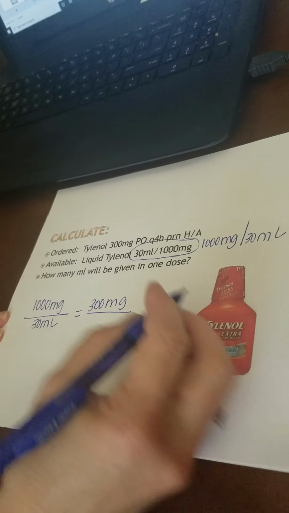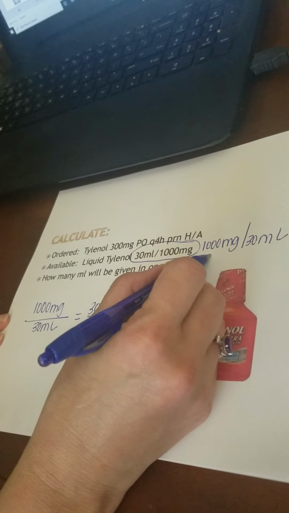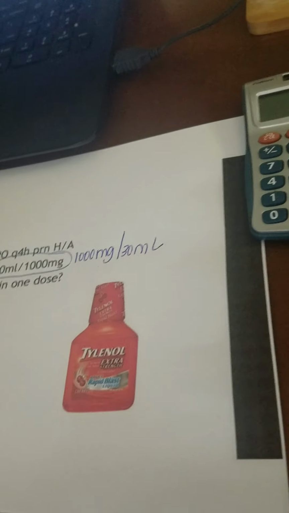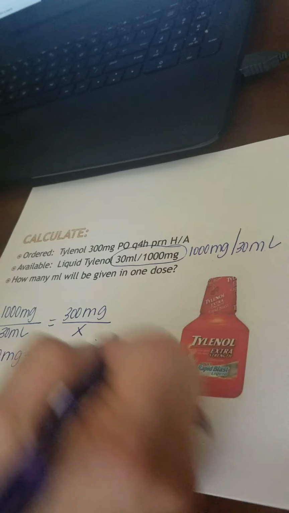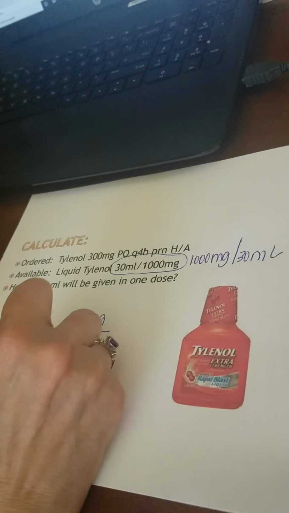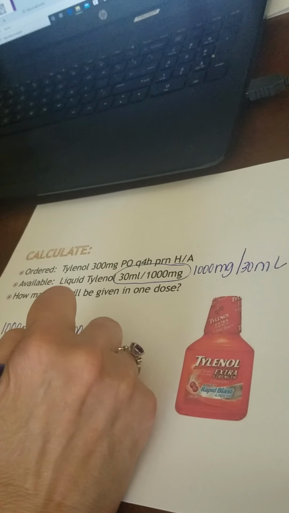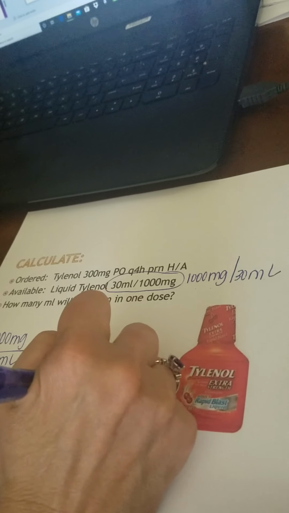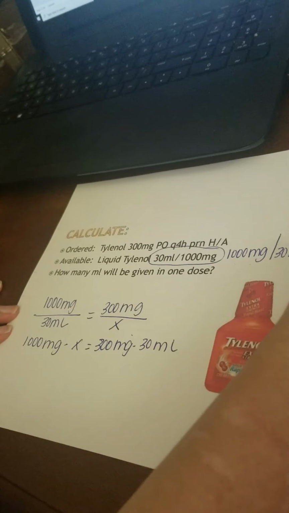So we're trying to figure out how much volume we are going to give. That's X. So we're going to cross multiply. Okay, so 300 times 30.